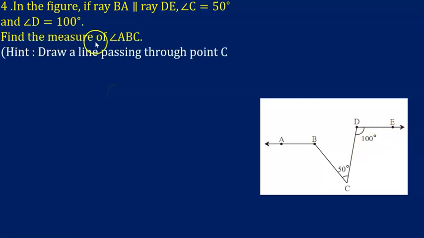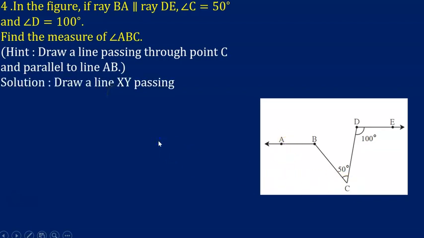Find the measure of angle ABC. Here we have been given a hint: draw a line passing through point C and parallel to the line AB.